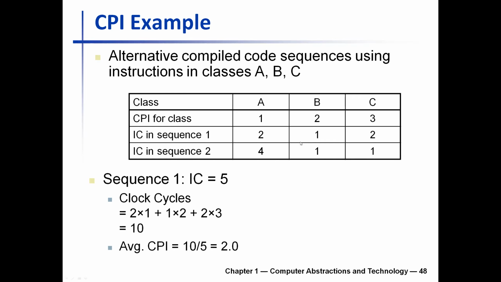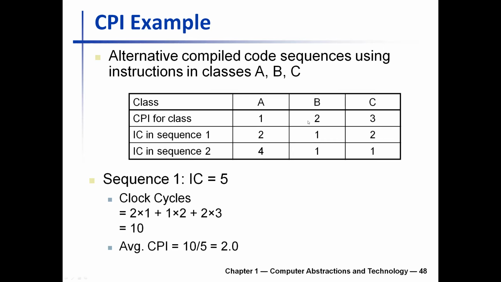In sequence 1, we have a total of 5 instructions, right? 2 plus 1 plus 2, a total of 5 instructions. And the clock cycles the program is going to take is what? 2 times 1, 1 times 2, 2 times 3, right? Total 10 clock cycles. We have 2 instructions from class C, each going to take 3 clock cycles, so 6 clock cycles for those 2 instructions.